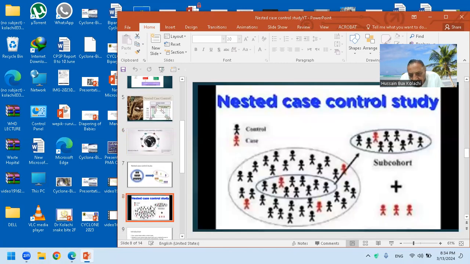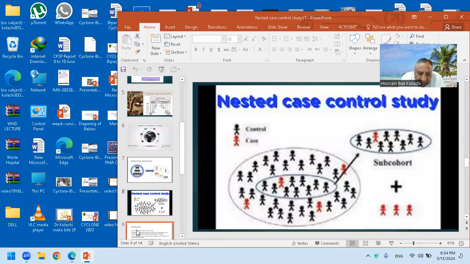Through a population, when some cases occur, we select the controls from the portion of people not yet sick, and ultimately we compare the cases and the controls. So the name is nested case control study.